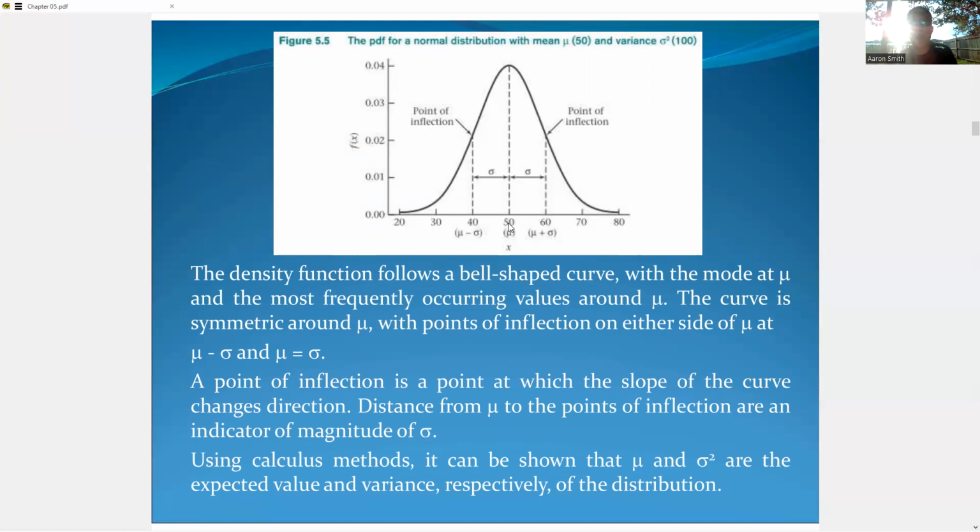Well, you'll notice that here mu is the peak of it. It's the top. It's the most likely region of the number line, and a large portion of our data is going to be within. In fact, 68% of our data will be within 1 standard deviation of mu.